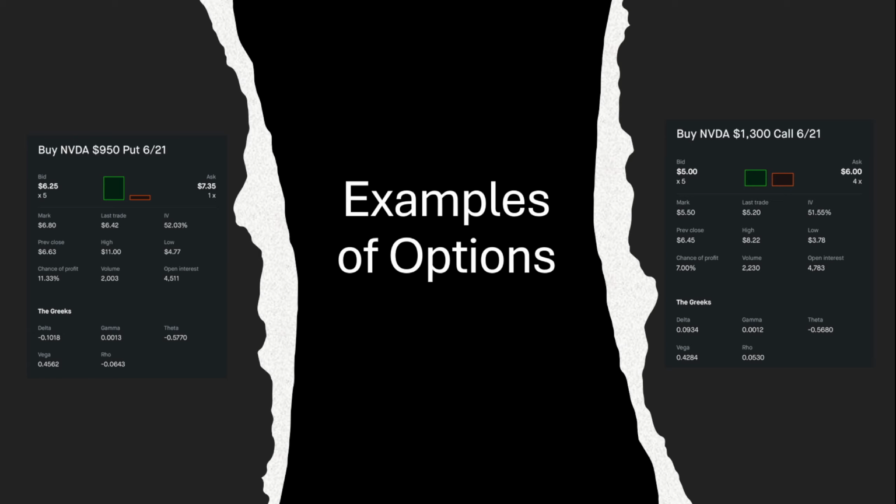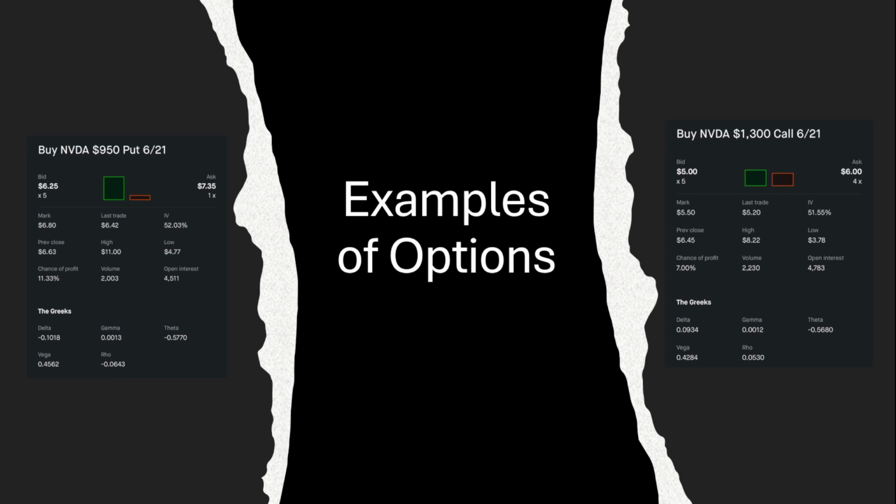That means for every dollar that the stock goes up, say Nvidia goes up $1, from 1300 to 1301, the premium of that option, say it's $5, is going to go up 9 cents, 9.3 cents. That's basically what your delta is: for every dollar this stock goes up, that's how much the premium is going to go up.